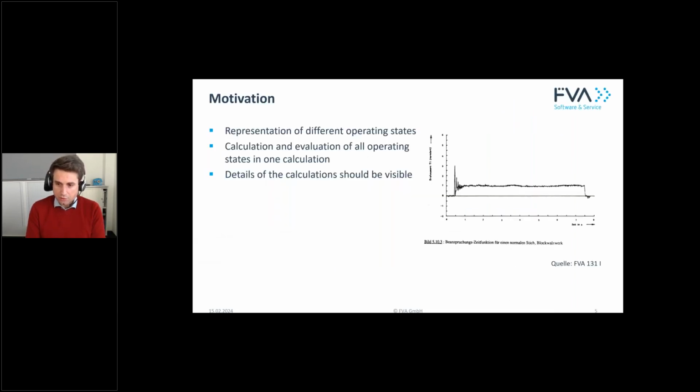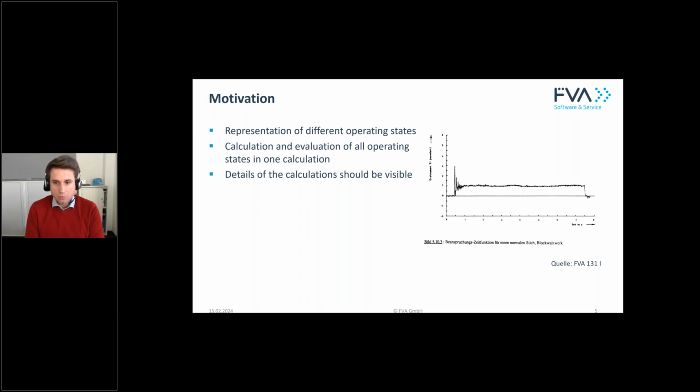We know that our machines have operating states, and most of the time they are clear from the beginning of our projects. And most of the time we want to consider them in one calculation.